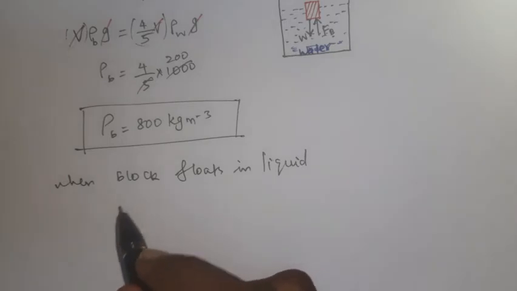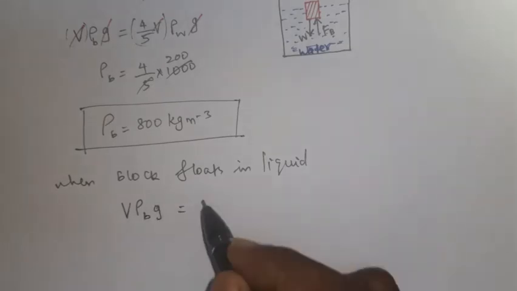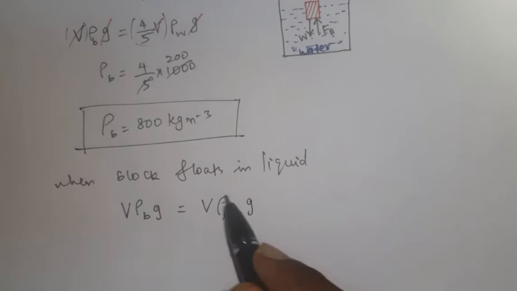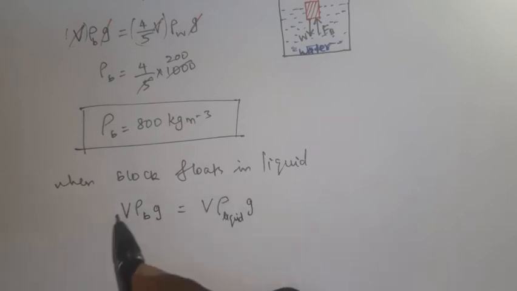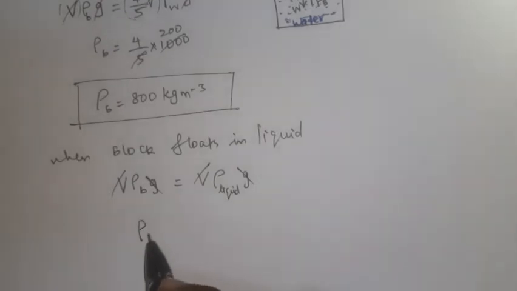Now the weight of the block of wood is V rho B G, which is equal to the buoyant force, V rho of the liquid, G, the buoyant force exerted by the liquid. This V is going to be cancelled, then G is going to be cancelled. Now rho B is equal to rho liquid.